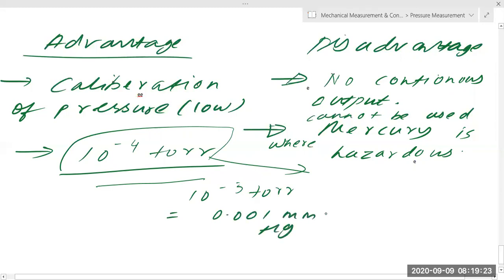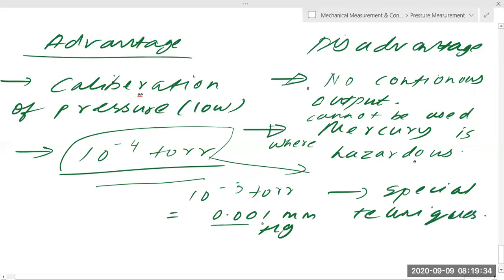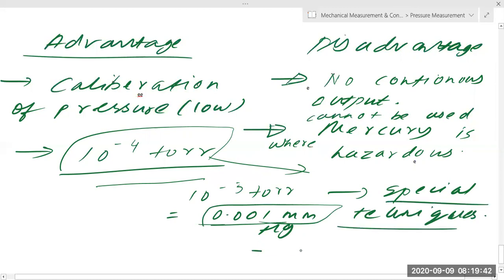So you can understand special techniques will be required, where your calibration, or the reading of the scale, should be efficient enough that you can measure up to 0.001. This kind of accuracy is available in various measuring instruments, so you need to induce special techniques to measure such vacuum pressures.